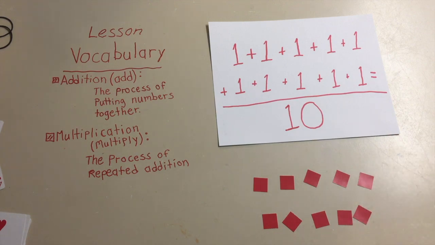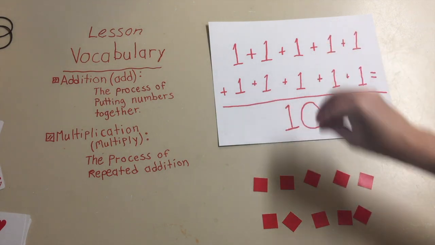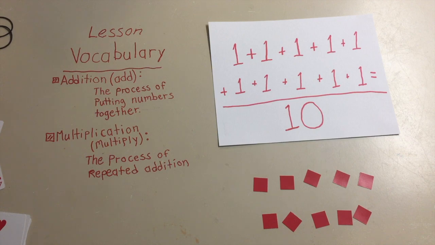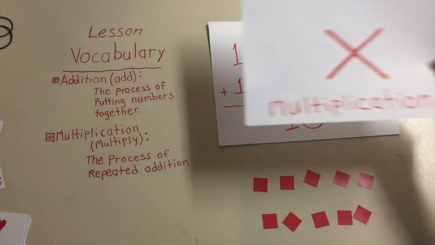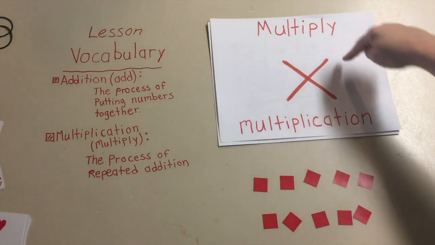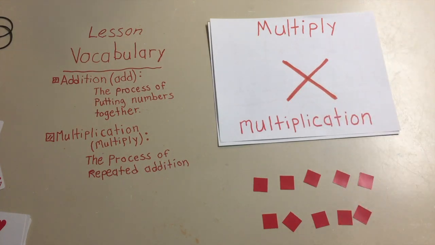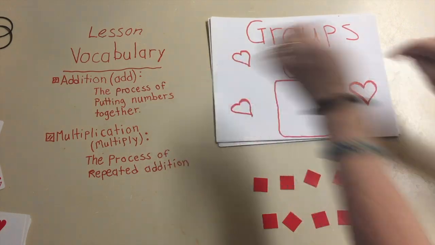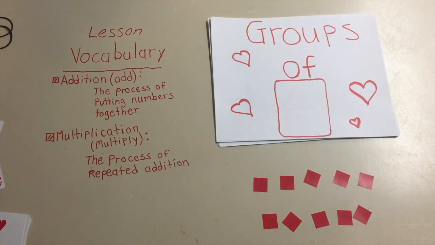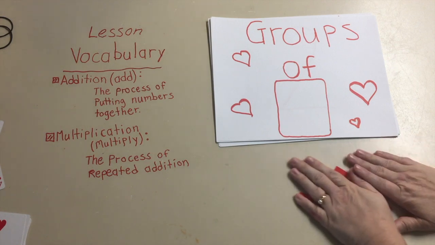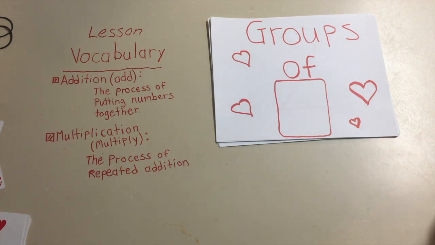So what we learned is that we can actually group things and we can multiply. Using multiplication, we can make this an easier process. By using groups of, we can make this whole 1 plus 1 plus 1 plus 1 process go away. And we can do it easier.